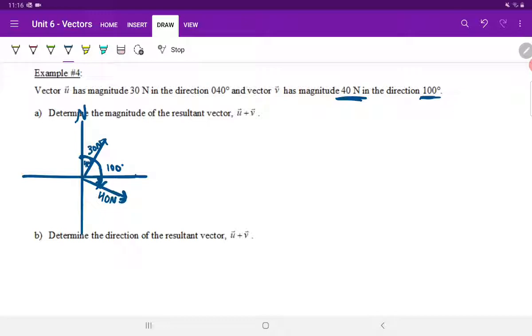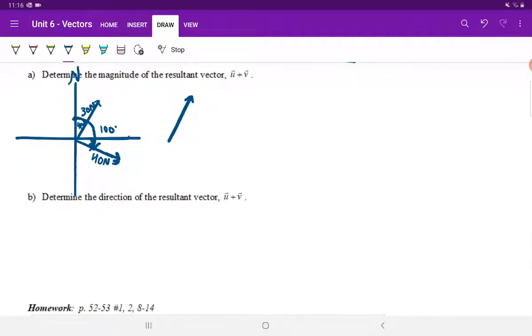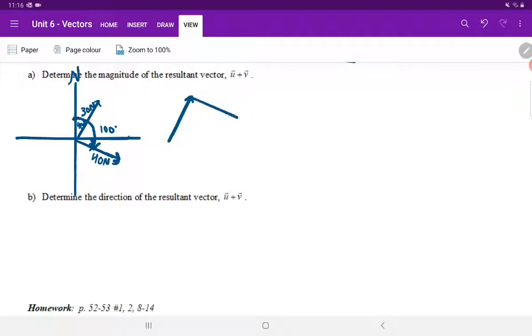Okay, now, these are drawn tail to tail, which I'm totally good with, right? But if I wanted to draw them head to tail, that shouldn't be a problem either. So if I were to draw this diagram again, just a little bit cleaner now, I'm going to draw my u vector right there, and I'm going to draw my v vector head to tail this time, slightly larger than my u.